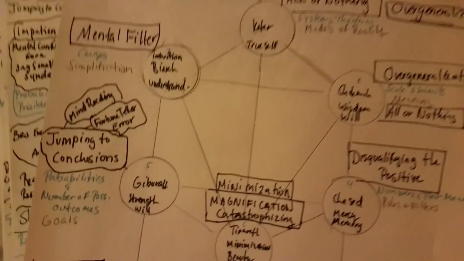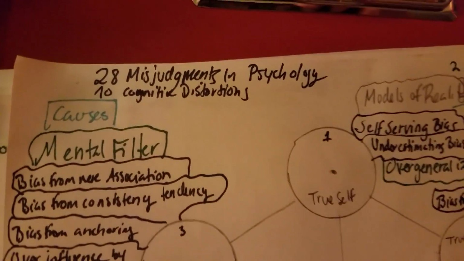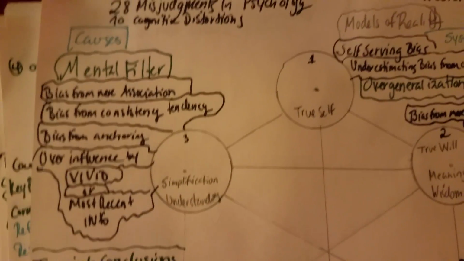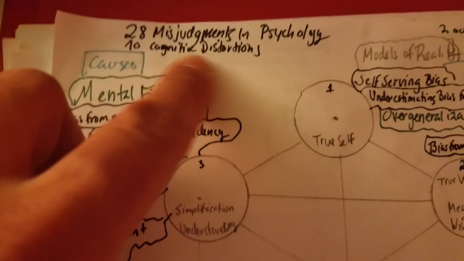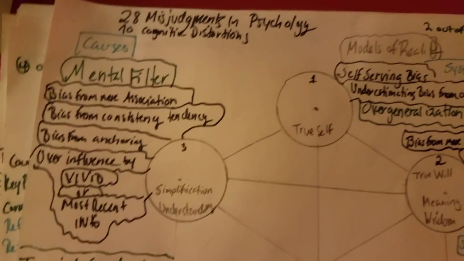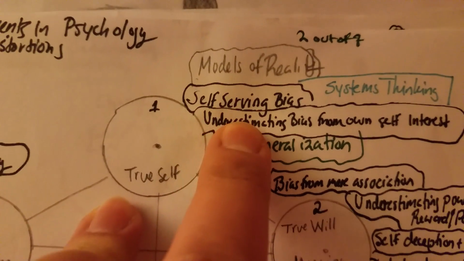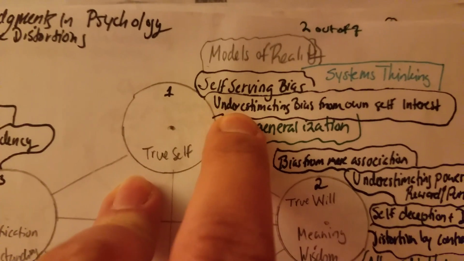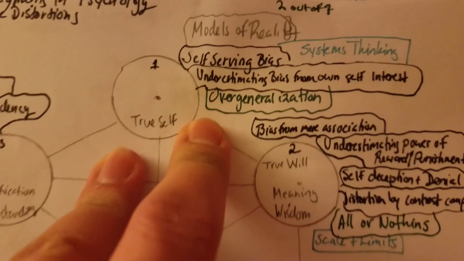I did that one here, and of course, I did another one here for the 28 mistakes in thinking or misjudgments in psychology, and once again, I correlated them with the 10 most common cognitive distortions in psychotherapy, in cognitive behavior therapy. So, as you can see here, number one, models of reality, and then I've got systems thinking corresponding to self-serving bias or underestimating bias from own self-interest or overgeneralization.